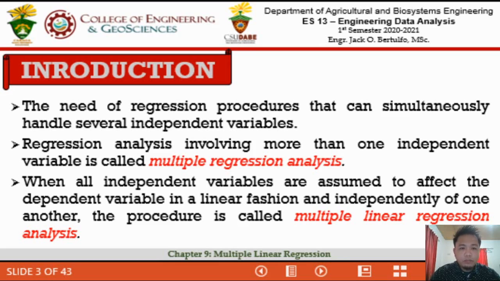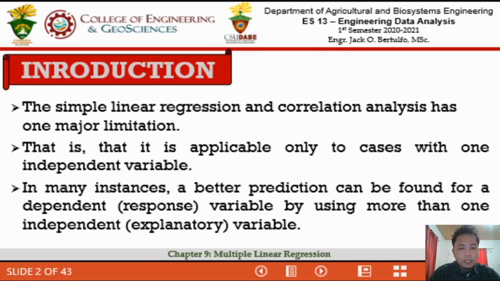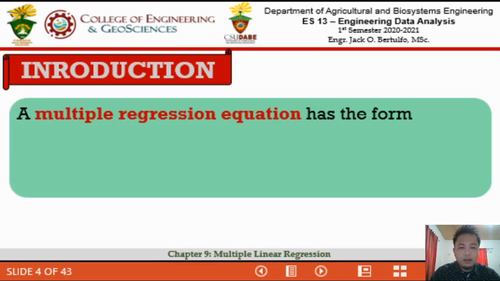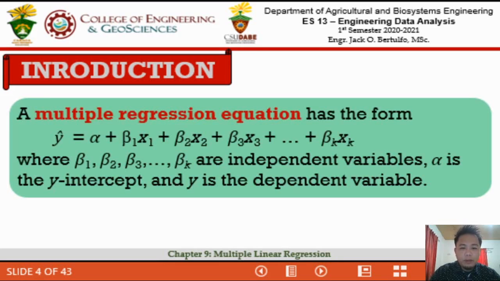Okay, so what is the form? This is the basic form of the multiple regression equation. You have y, which is the dependent variable, then alpha, which is the y-intercept.